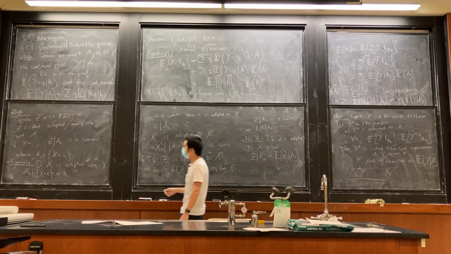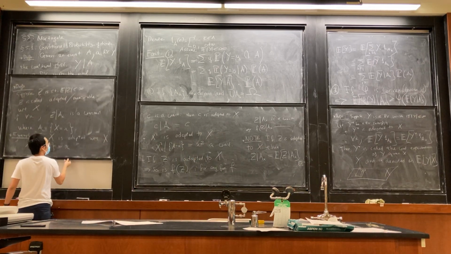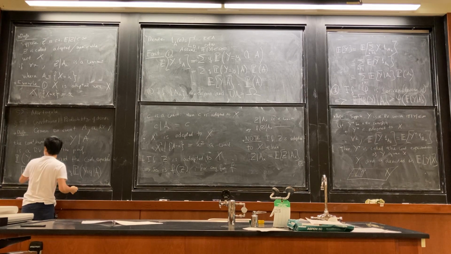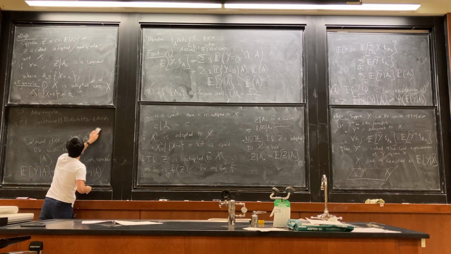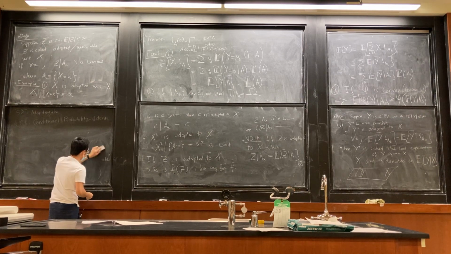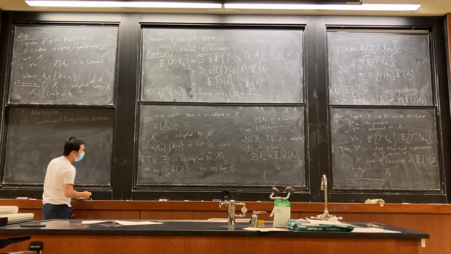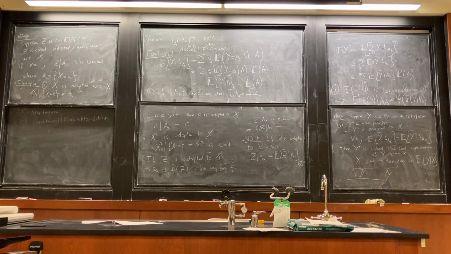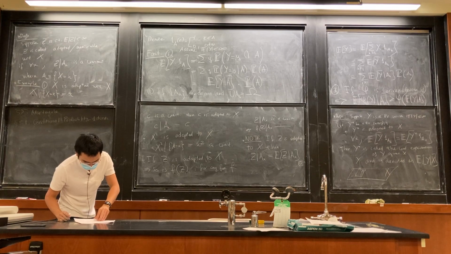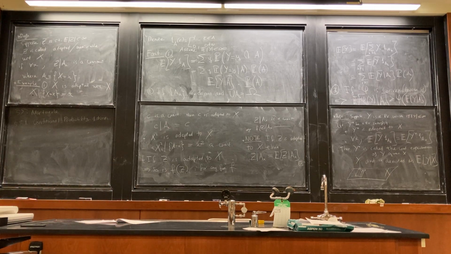So, let's see. y star is unique. So if it satisfies those two properties, then it's uniquely circumscribed. There's only one random variable, y star. All right, yes, indeed.